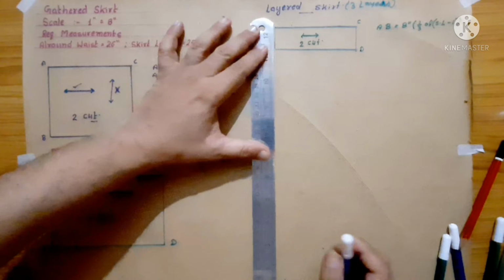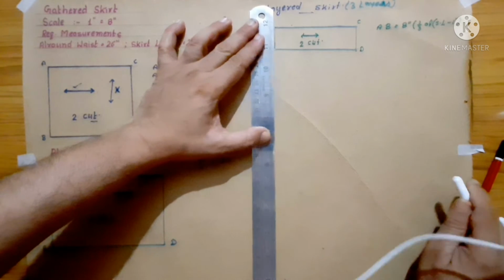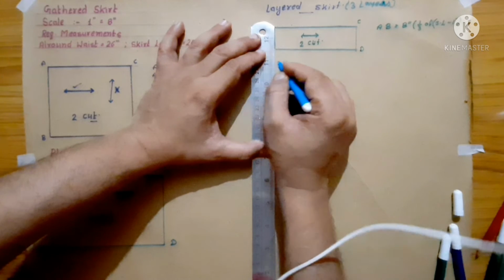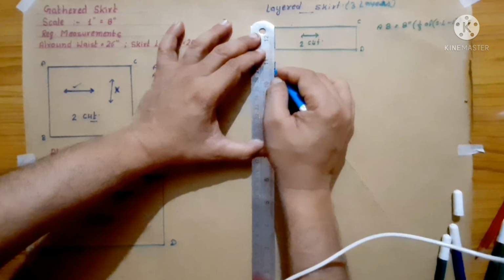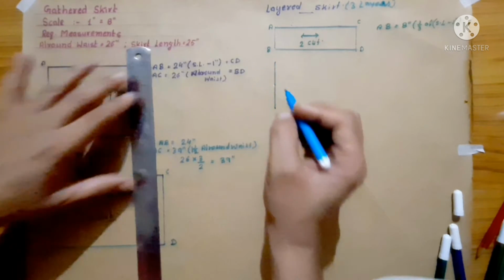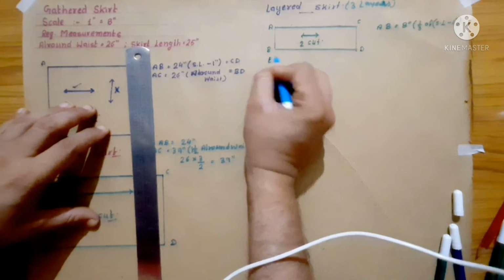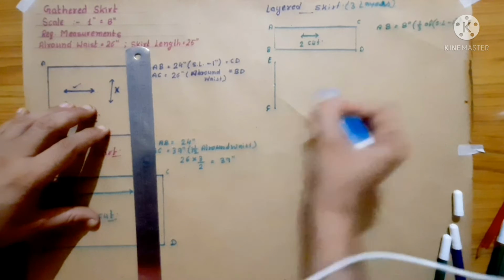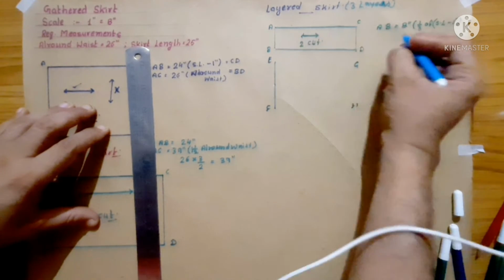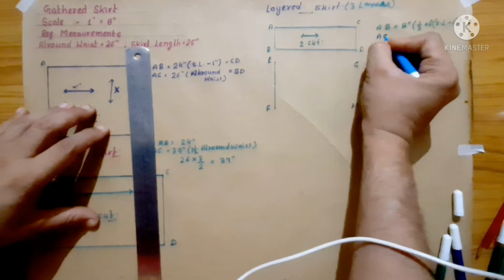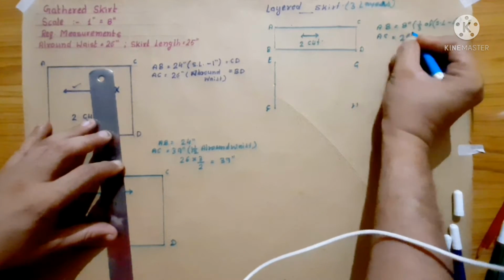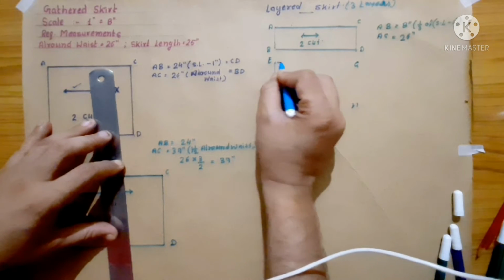For the second layer, again we'll create EFGH. AC will be same, 26 inches. Again we'll create a block.